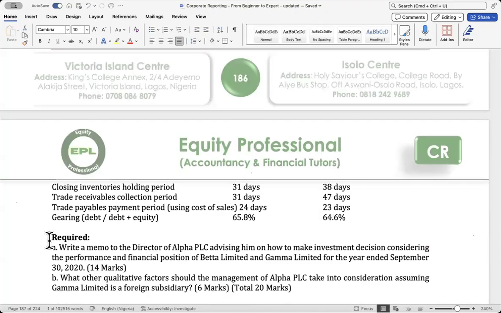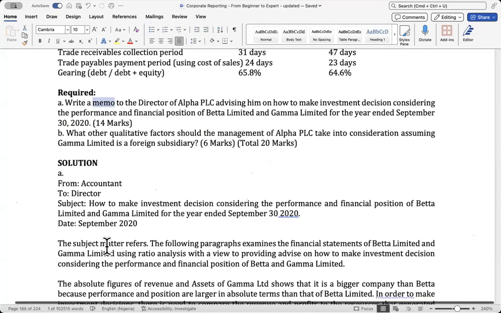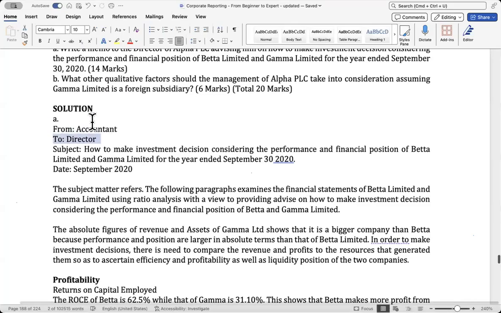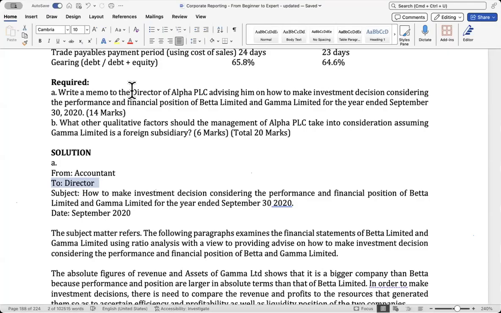The first thing is that when they say write a memo, write a memo. If you look at the way I started, I said from the accountant to the director. And I didn't just make up this director. They told me that it's to the director. And the subject is exactly what the question wants me to do: how to make investment decision considering the performance and position of Beta Limited and Gamma Limited for the year ended September 30th, 2020.